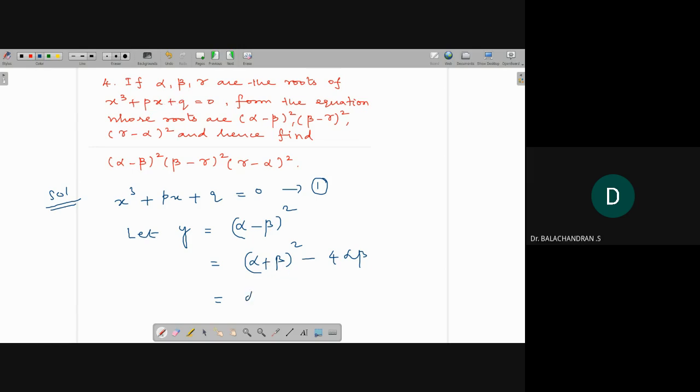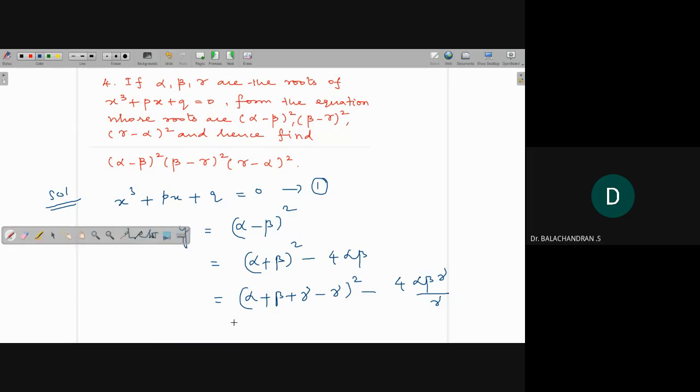Okay, that's why I need plus gamma minus gamma, dividing and multiplying by gamma. Here alpha plus beta plus gamma is what? It is 0, sir, since the coefficient of x square is 0. Yes, sir, 0.